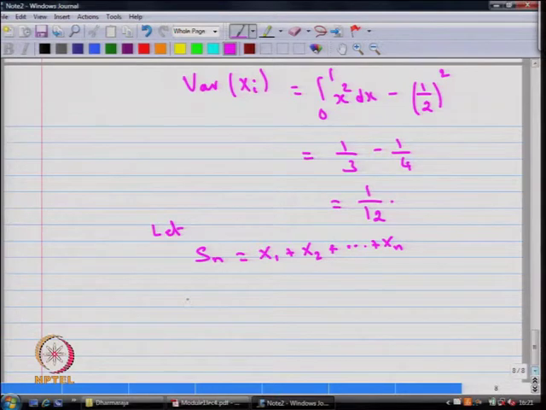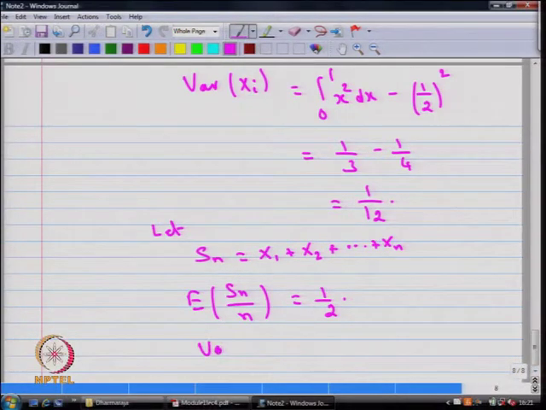Using that, you can find out the mean of Sn, but our interest is to find out the mean of Sn by n. Suppose Xi's are the samples, then Sn divided by n is nothing but the sample mean. So, expectation of Sn divided by n becomes 1 by 2.